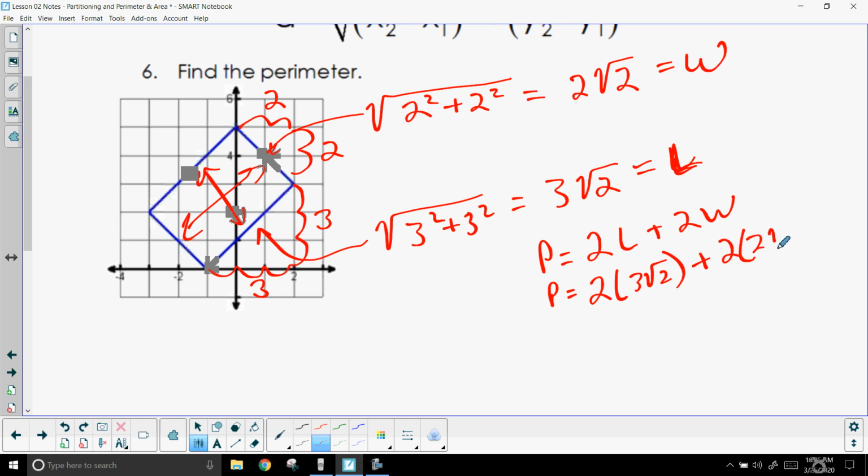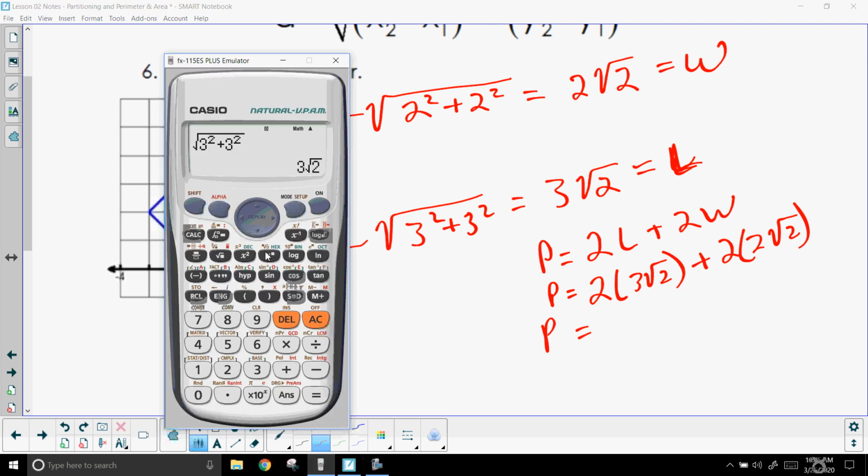And then I'm going to plug that in my calculator, just like you see it. Plus 2, 2 root 2. Alright, there we go. I'm going to hit equal, and we get 10 root 2.